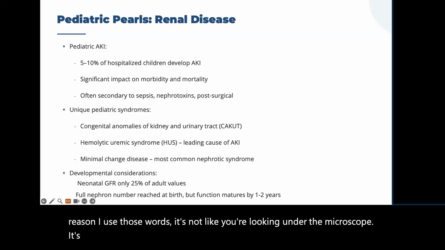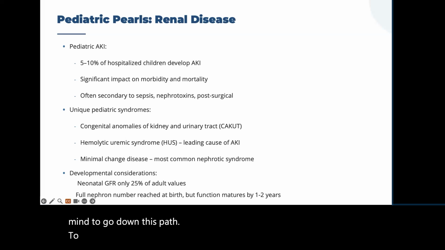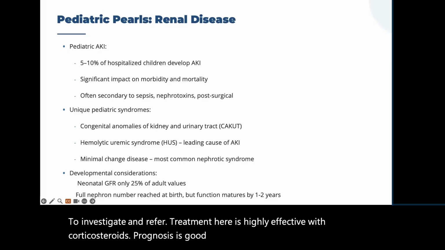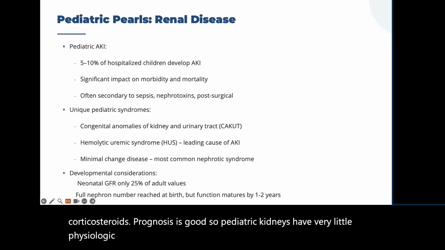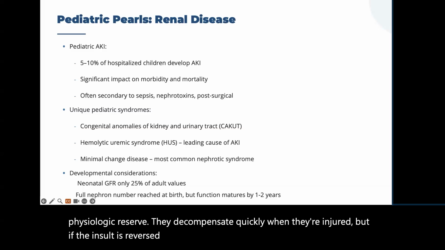It's when you see these words on a report, it's supposed to trigger your mind to go down this path to investigate and refer. Treatment here is highly effective with corticosteroids. Prognosis is good. So pediatric kidneys have very little physiologic reserve. They decompensate quickly when they're injured. But if the insult is reversed early, they have a better chance of recovery.